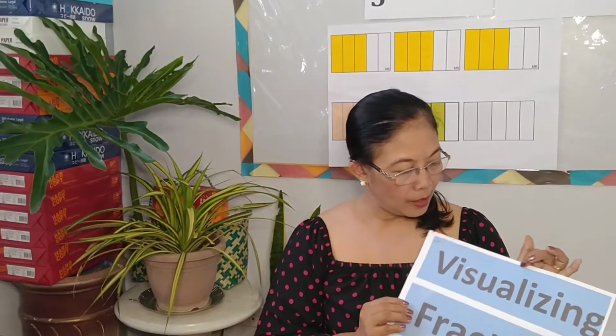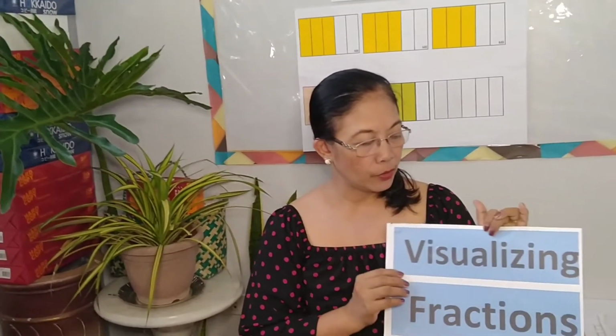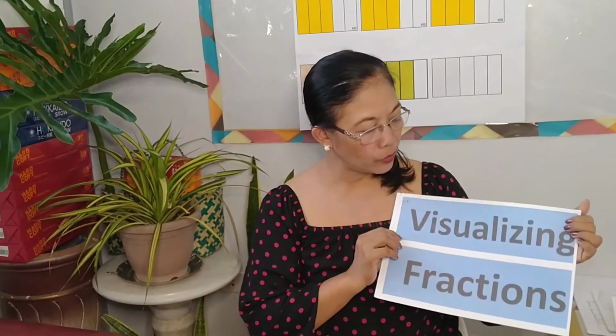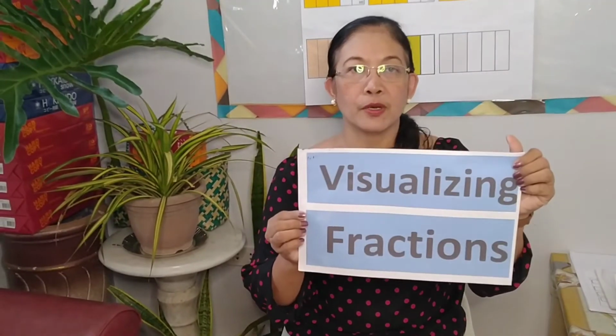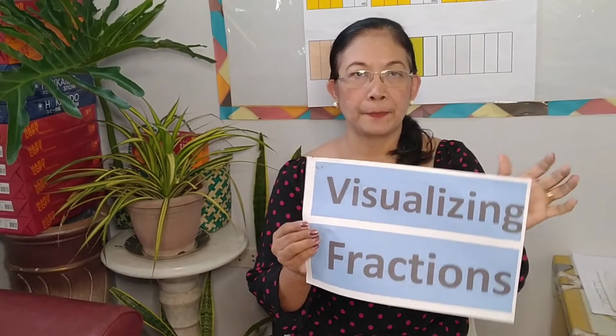Multiplication of fractions using models. So let's try to have some review of fractions. This time, I'll show you how to visualize fractions using models. As we all know, we have different kinds of fractions: proper fractions, improper fractions, and mixed fractions.